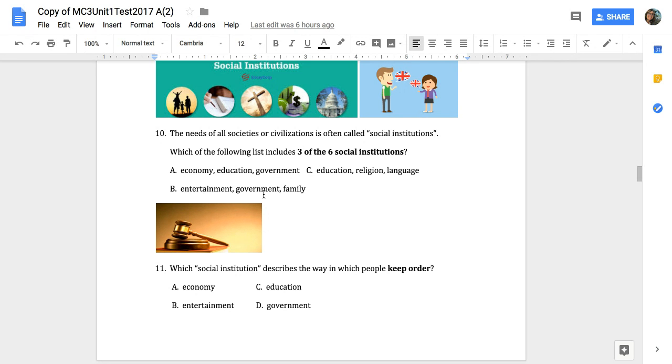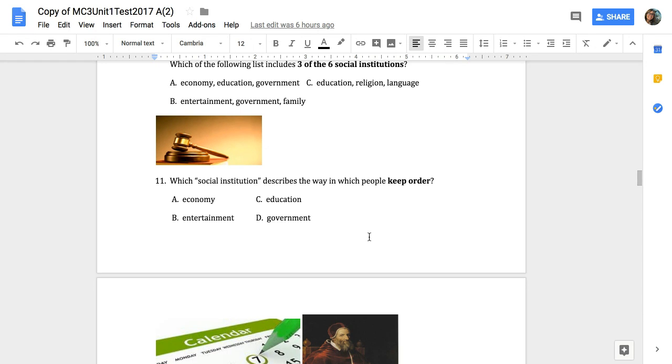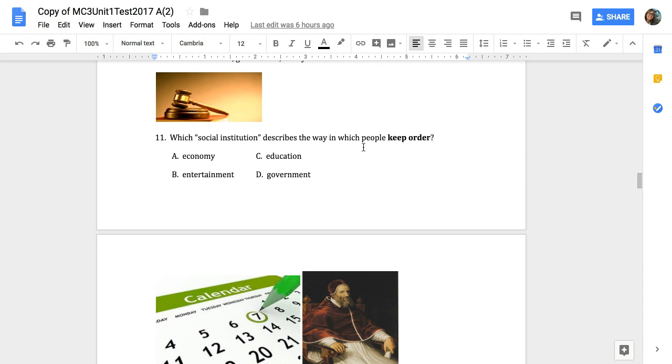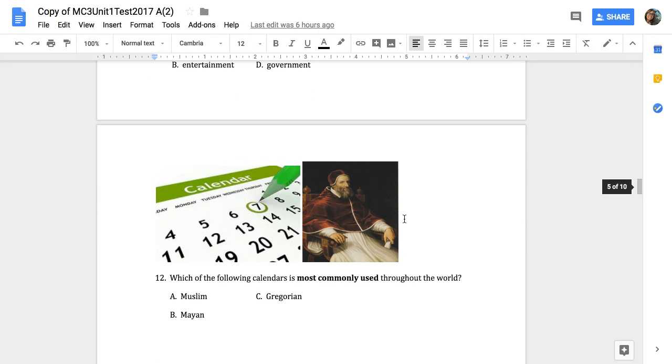B, entertainment, government, family. C, education, religion, language. Which social institution describes the way in which people keep order? A, economy. B, entertainment. C, education. D, government. And this image is supposed to help you.